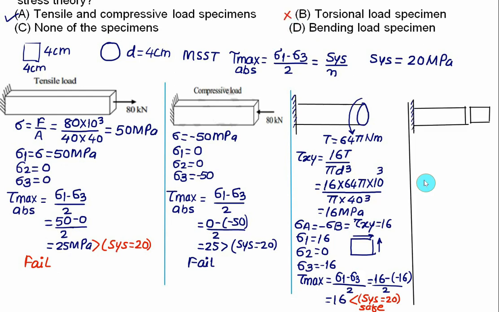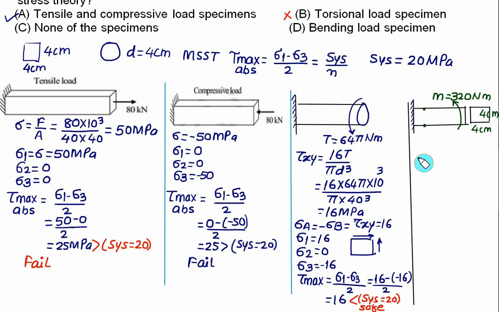In the fourth case, we have again the rectangular section subjected to bending moment M. And the value of bending moment is given as 320 Newton meter. And we have the same cross section of 4 cm by 4 cm.